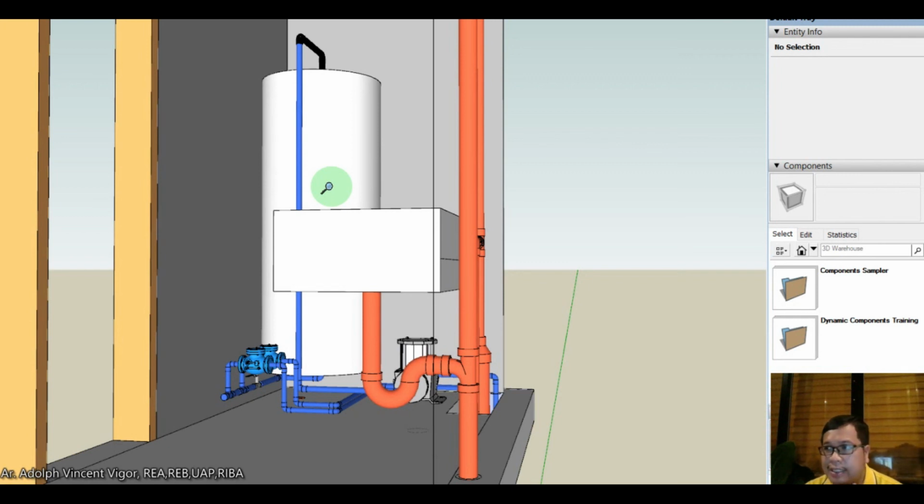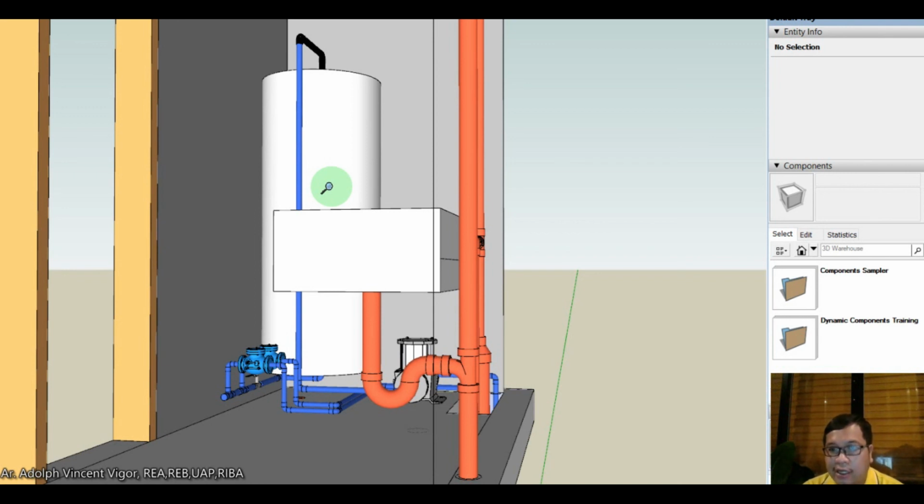But I urge you, class, even beyond the subject, to keep on reading about new technologies, new materials in plumbing systems, so that you could use them not only for the board exam but also when you practice someday as architects.